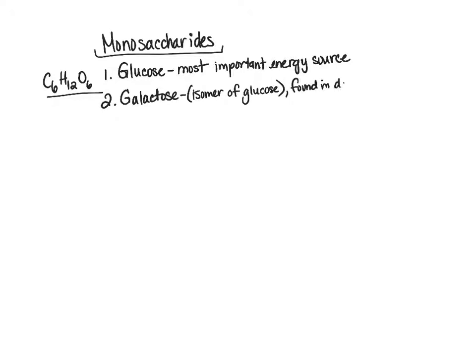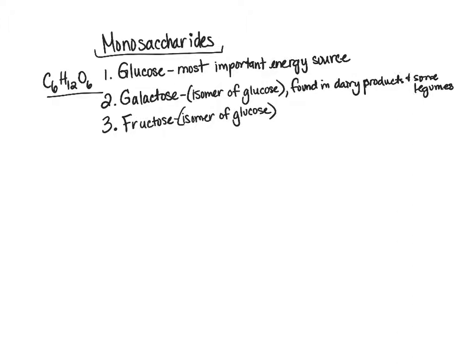found in dairy products and in some legumes. That's galactose. And then our third monosaccharide, again an isomer, is fructose. So fructose, again, is an isomer of glucose.